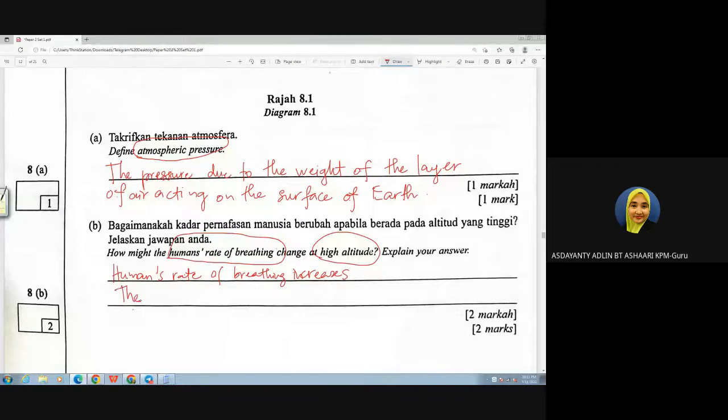Okay, reason: the percentage of oxygen in the air becomes low. Or thin air.